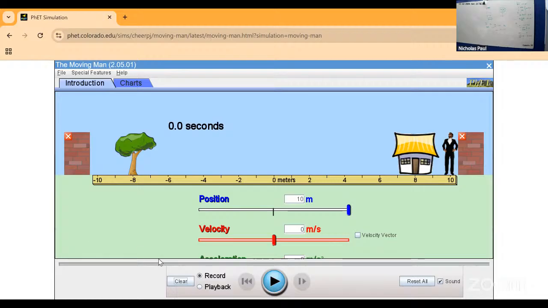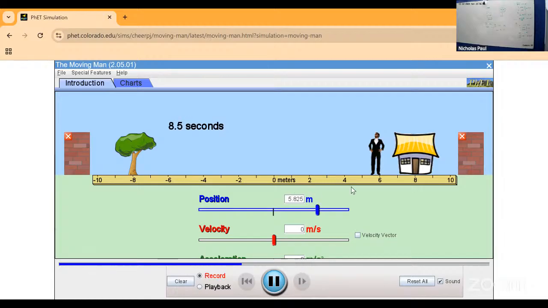I'm not going to see acceleration. What sign is that? All right, I'm trying to get acceleration to show you something, but all right.